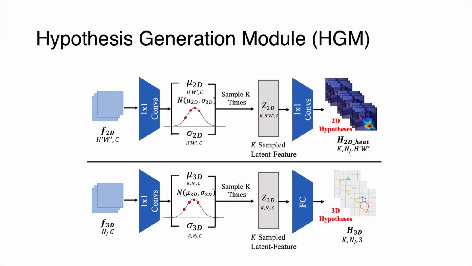Then, we sample K latent features for each joint, resulting in K hypotheses for each joint. For the generation of 3D pose hypotheses, the process is similar, except that for 3D hypotheses, we generate 3D coordinates, while for 2D poses, we generate 2D heat maps.